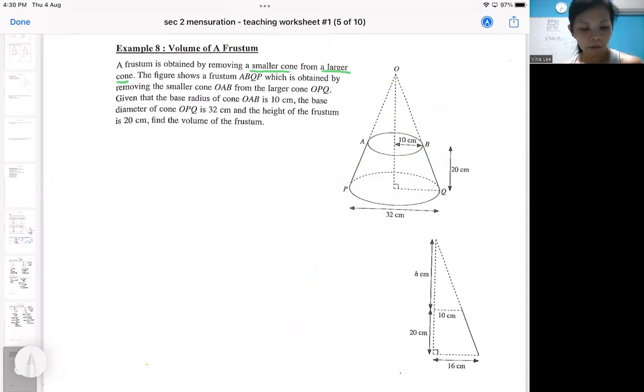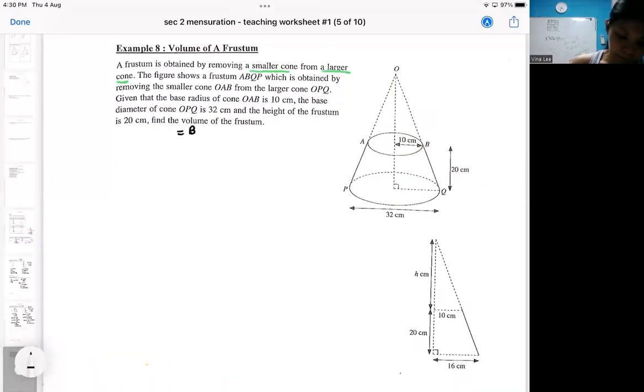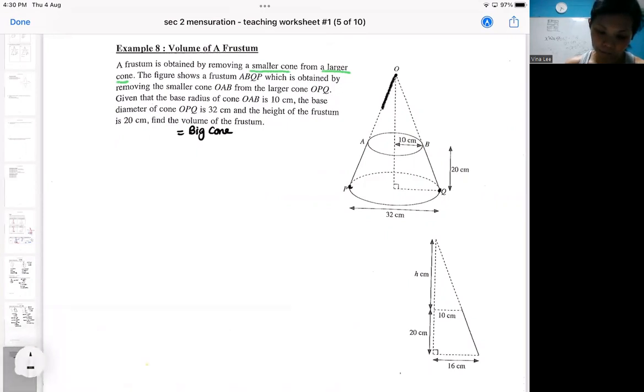Okay, so we are supposed to find the volume of the frustum. So essentially, like what I mentioned, I need the big cone. The big cone will be the one OPQ, this black one.